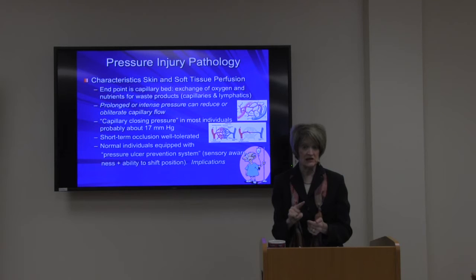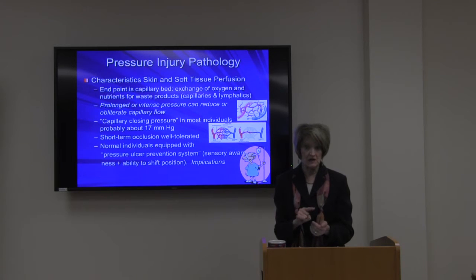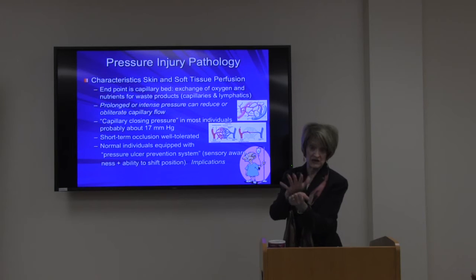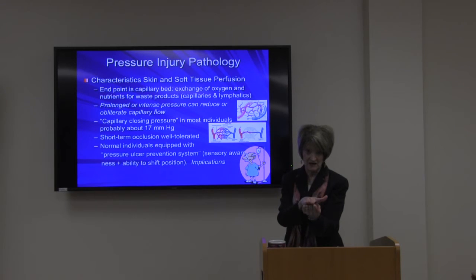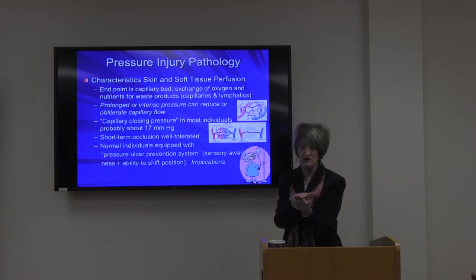If that person is lying on an x-ray table on a hard surface, the external pressure will definitely be greater than 17 millimeters of mercury. The capillary bed will be collapsed and you'll have almost instantaneous obstruction to blood flow and cessation of blood flow. So you'll have very rapid onset of tissue ischemia.